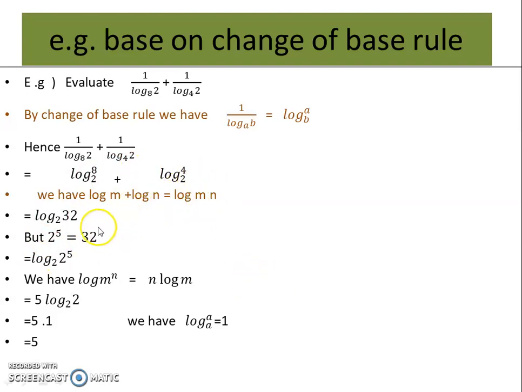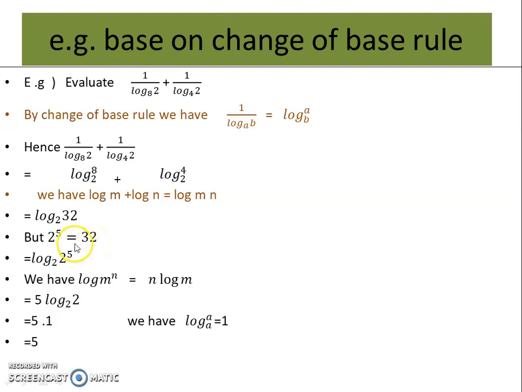So we have 8 into 4, that is obviously 32, and base 2 remains the same. But 2 and 32 also have a relation. We know that 2 raised to 5 is equal to 32.